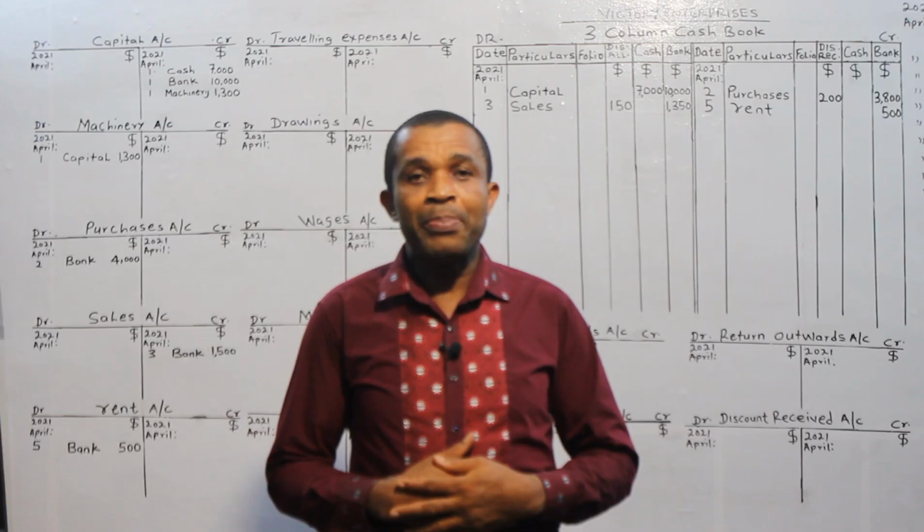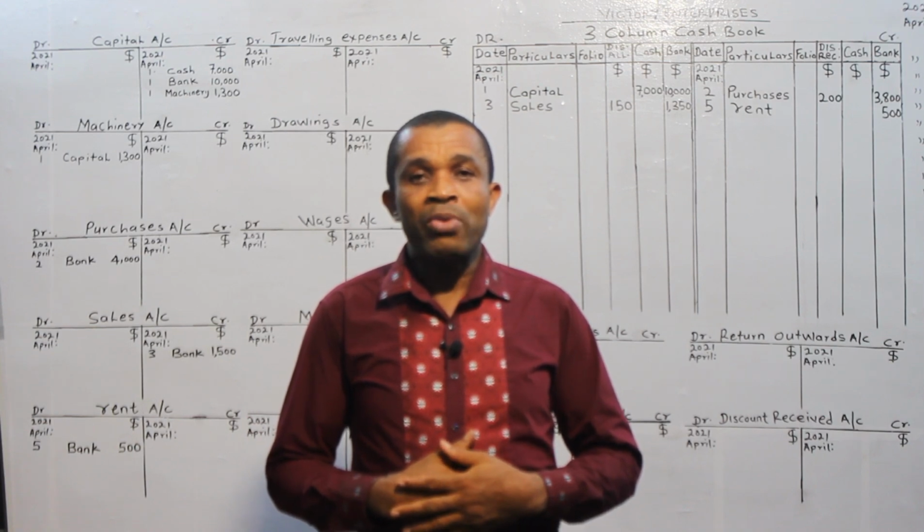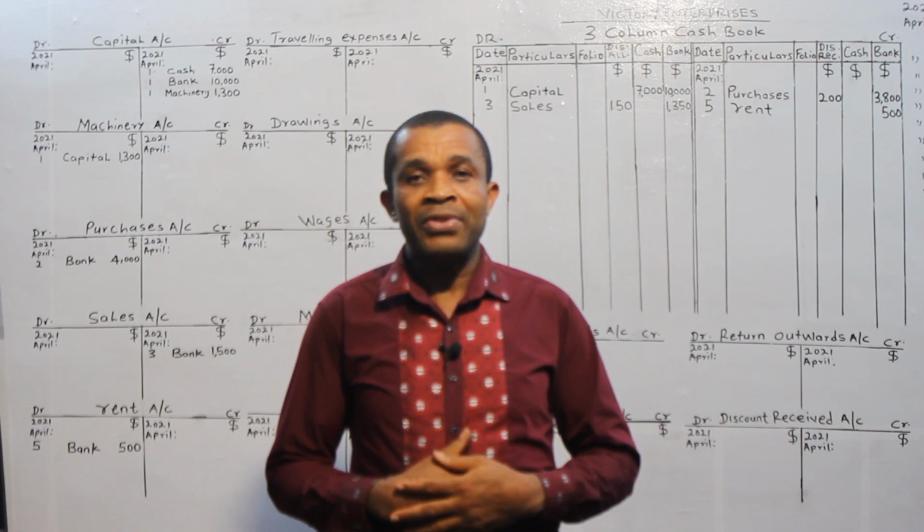2021. April 6th, sold goods and received cash $6,000. Now when we make sales, cash comes in and the cashier receives it and the cash book is debited for receiving cash from sales, while the sales account that makes the money to come in is the giver and has to be credited.